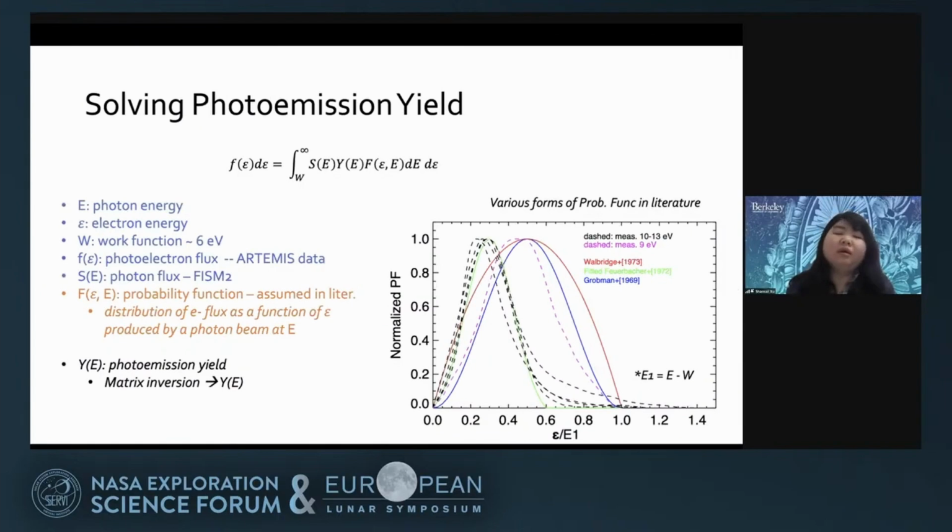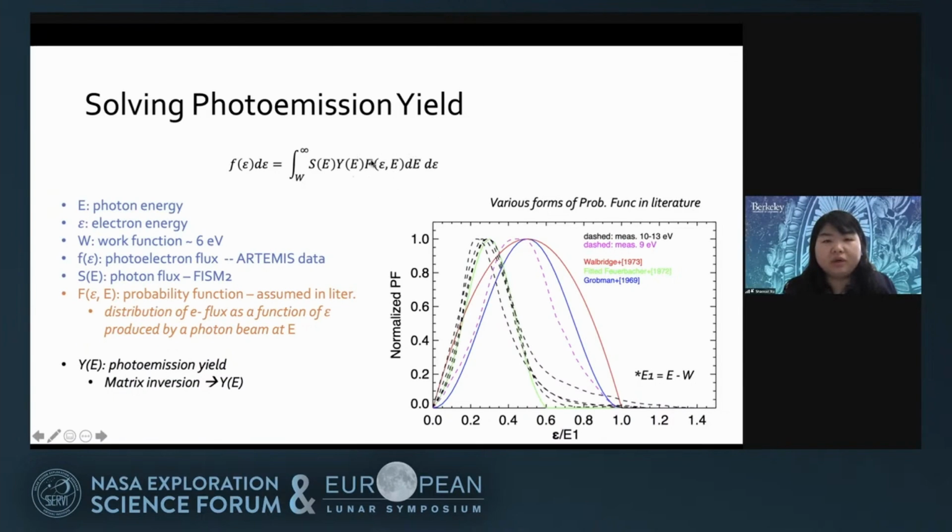So now that we have the photoelectron spectrum, this is the equation to calculate the photoelectron spectrum, if we have the solar spectrum, the yield, and also the probability function. The first two are functions of photon energy, and we can get the photon flux from FISM2, which is a solar spectrum model.